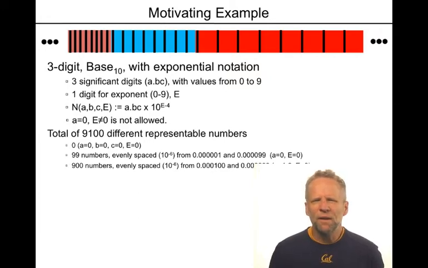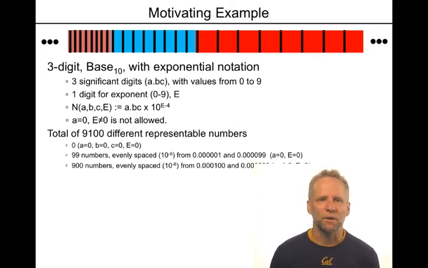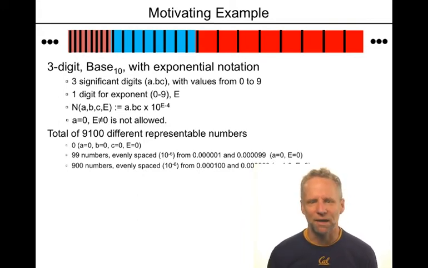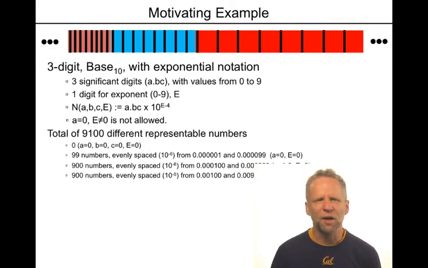Then when we allow A to be non-zero, we get 900 numbers evenly spaced from 1e minus 5 to 9.99e minus 5. That's just with A, B, and C running over all their combinations, but A restricted to be non-zero. Then we also get 900 numbers, just move the decimal point over 1.